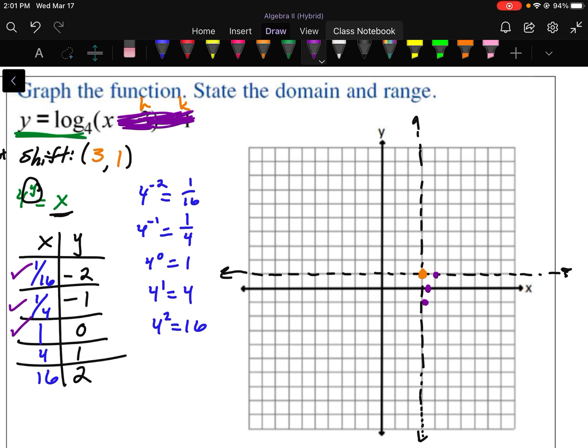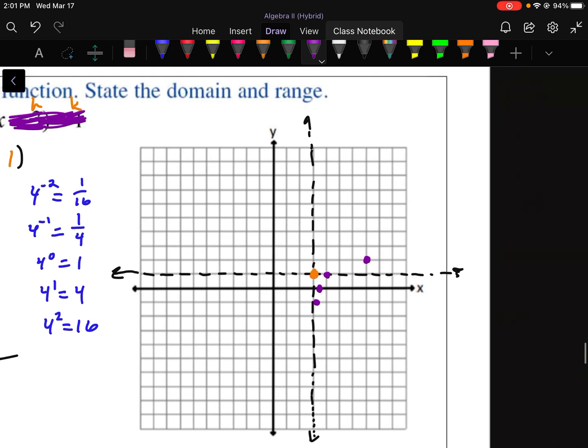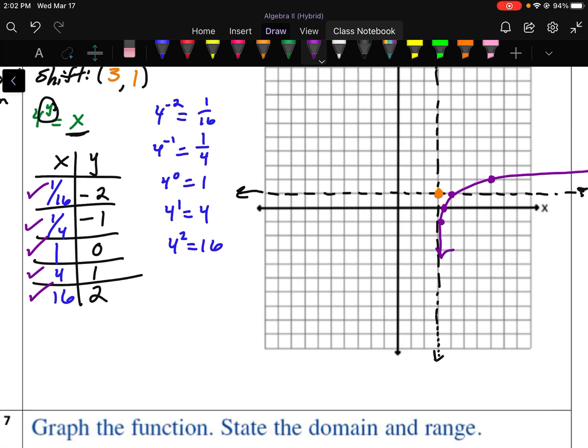Then to the right 1 down nothing, down 0. Then I'm going to go to the right 4, up 1, right there. And then I'd go to the right 16 and up 2 if I could. But obviously it's not going to fit. It's going to be somewhere way out here. And there you go.